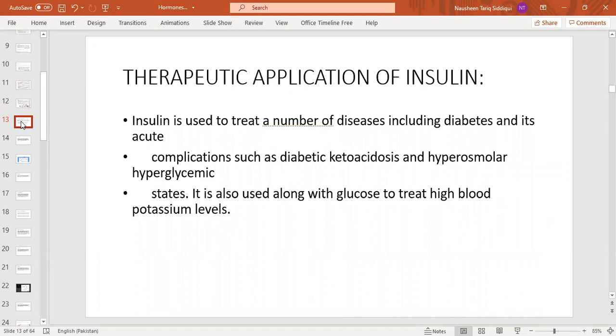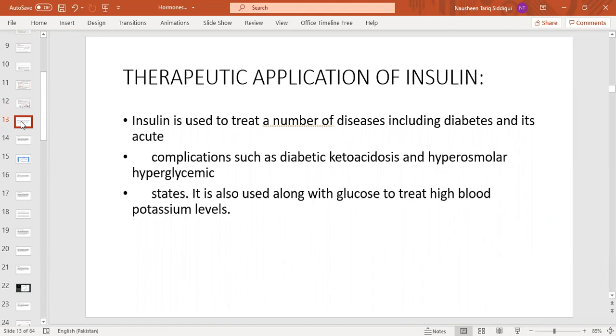As we already know about insulin, you have covered insulin in physiology and pharmacology as well. So we'll go through the main points of the therapeutic application of insulin.